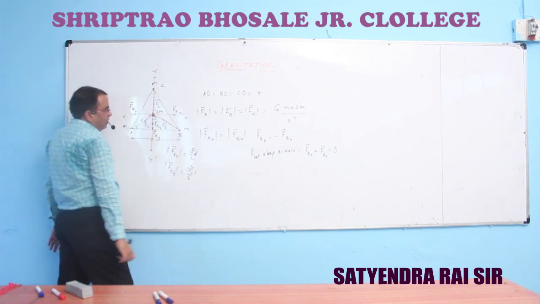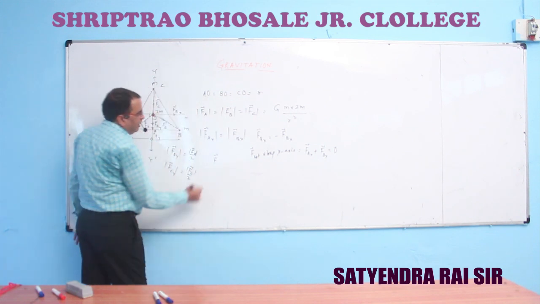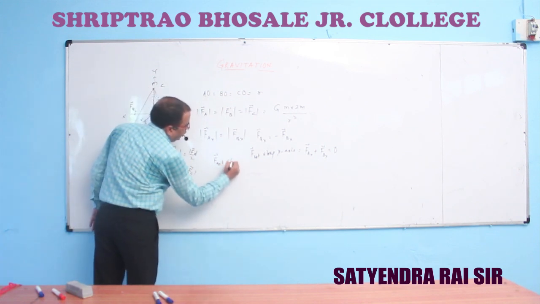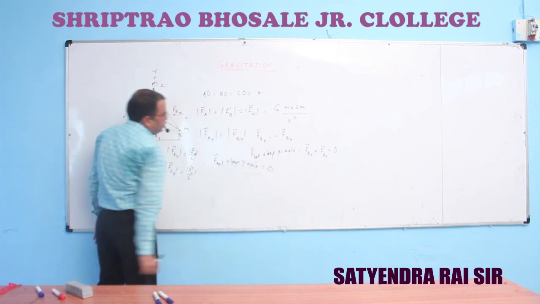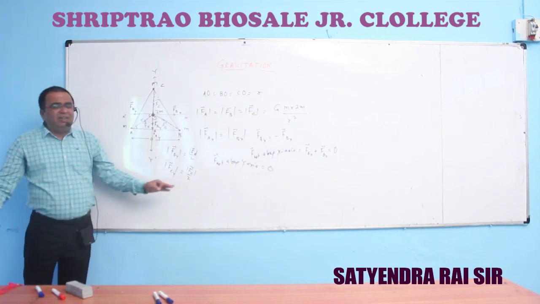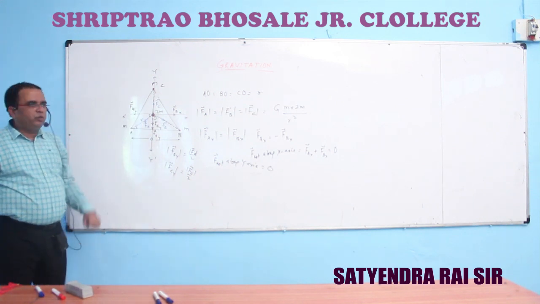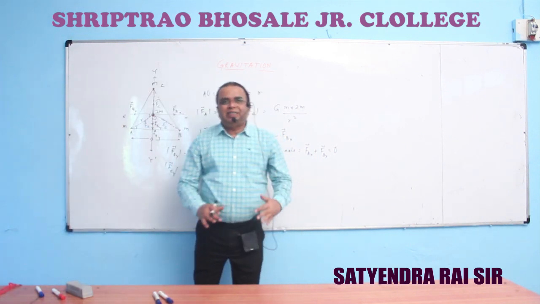That is what we can say: F net along y-axis will also be 0, right? That means the particle at O, even though it is of double mass, twice m, is unable to experience a gravitational force.